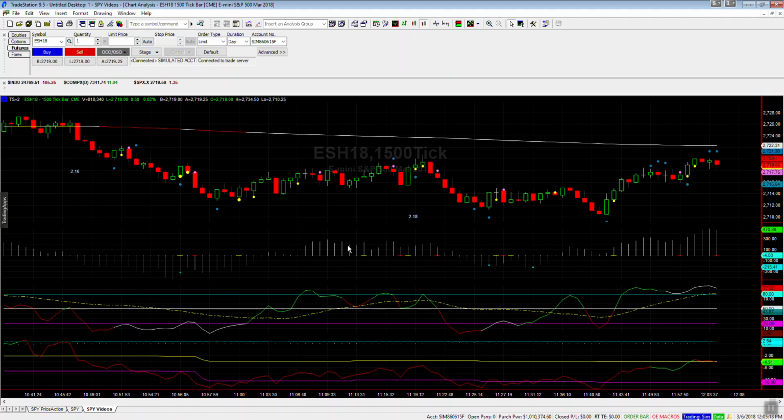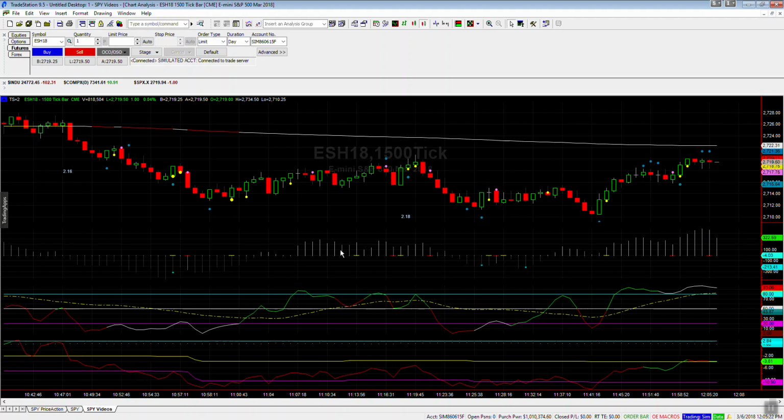Then it has the histogram here, which is the energy indicator that calculates the strength of the price movement. And lastly, it has the RTM line, which is the regression to the mean line that is associated with price timing alerts. And that has also been covered in a separate video.